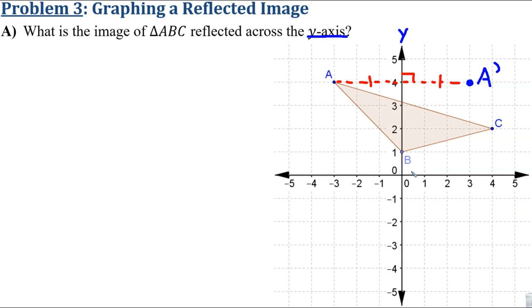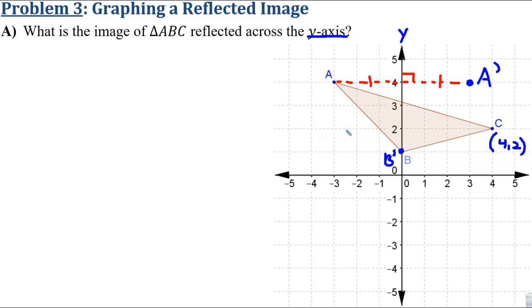Alright, next up we can do B. Now B's already on the line of reflection, so we're just going to leave B prime at the same spot as B. And then another way we can think about this is if I take my coordinate, so right now C is at 4, 2, and think about what's going to happen more numerically to that coordinate if I reflect to the other side of the y-axis.